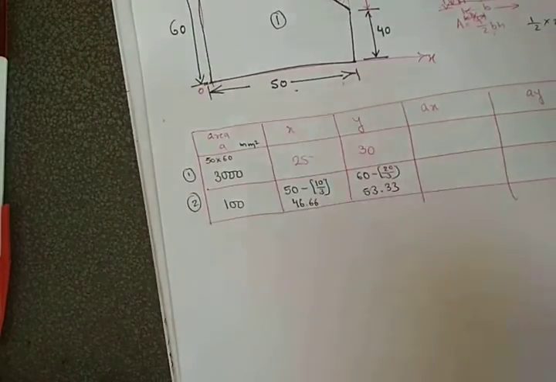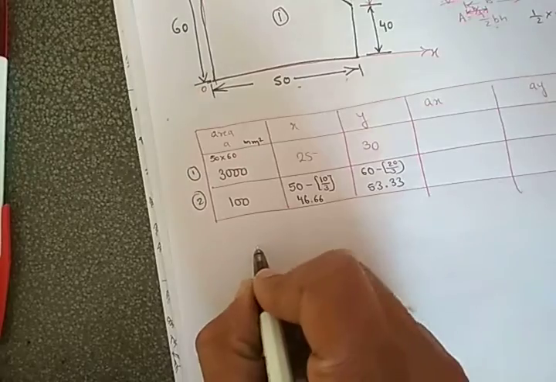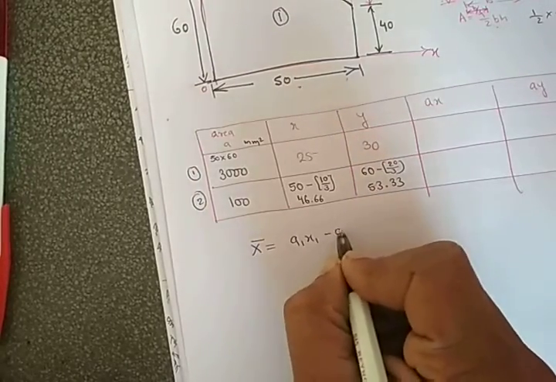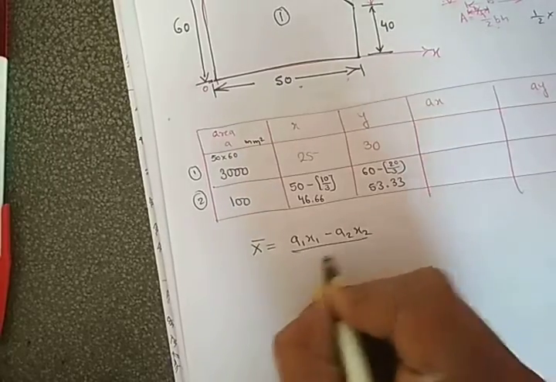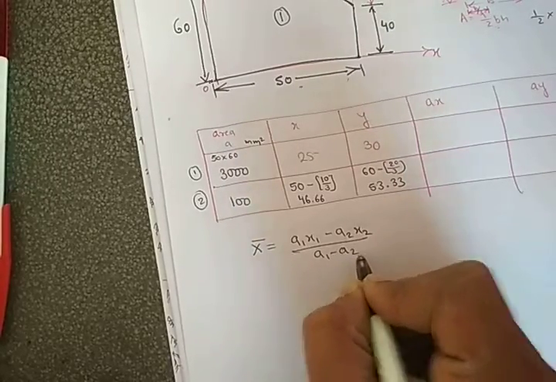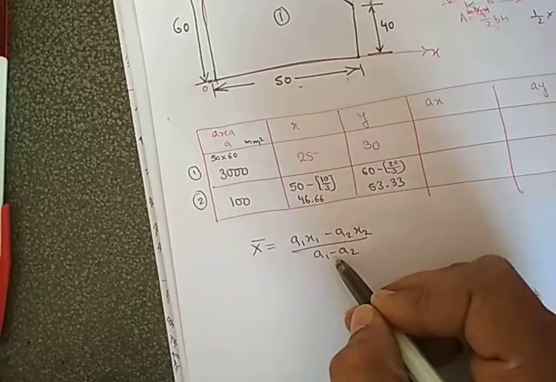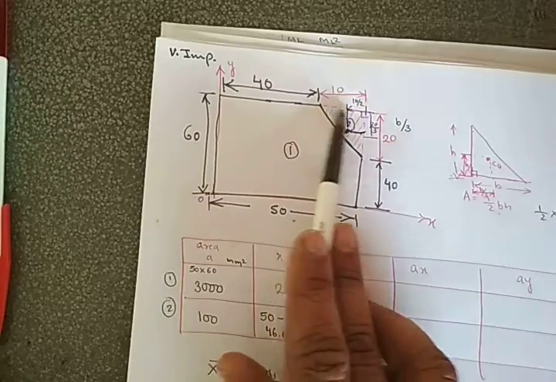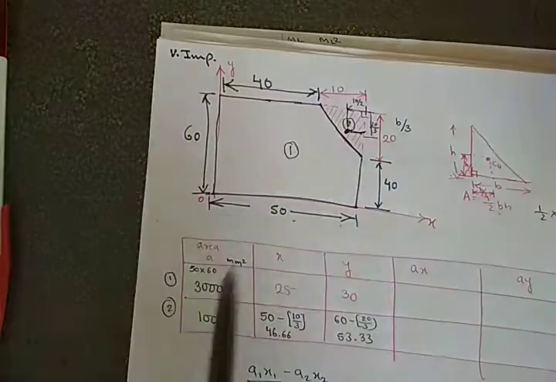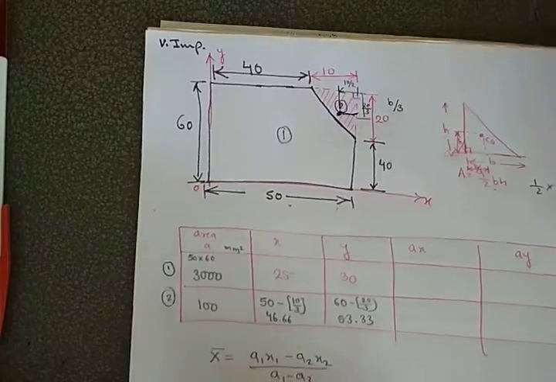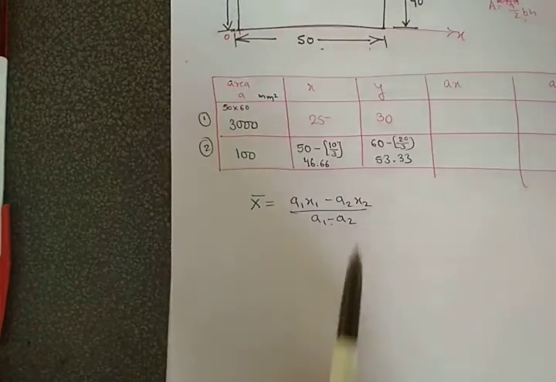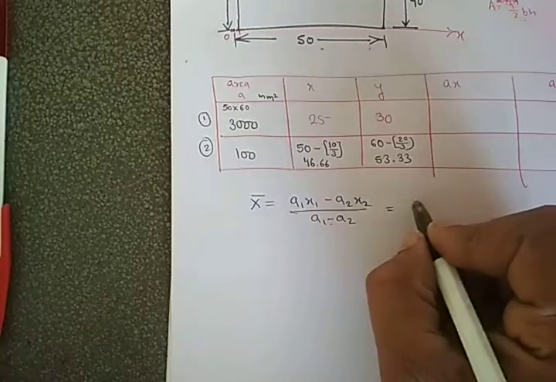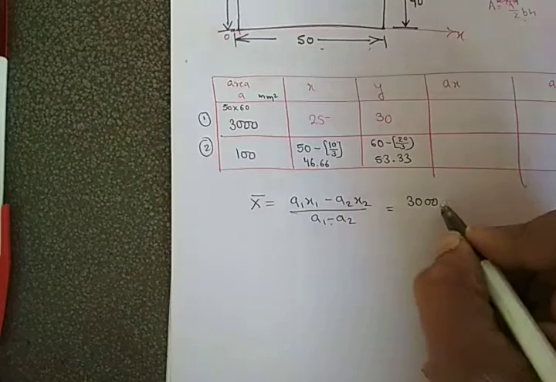Now directly we will take the formula. X bar is equal to a1 x1 minus a2 x2 divided by a1 minus a2. Why have I taken the minus sign? Because we have considered an extra portion over here. This portion is not present in the problem, but we considered it and we are deducting it later.